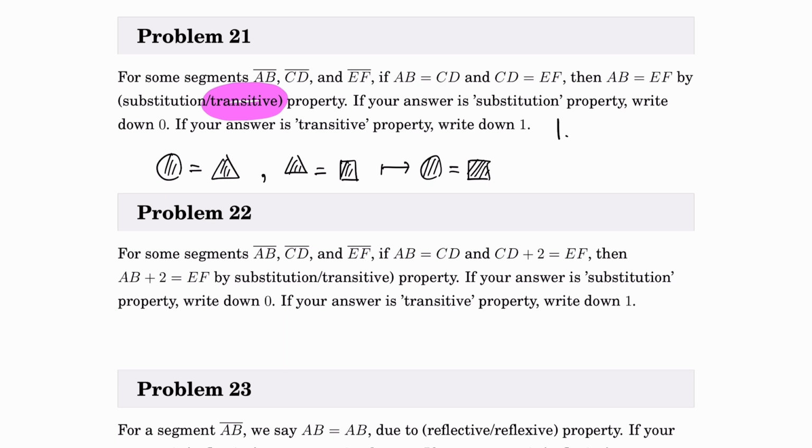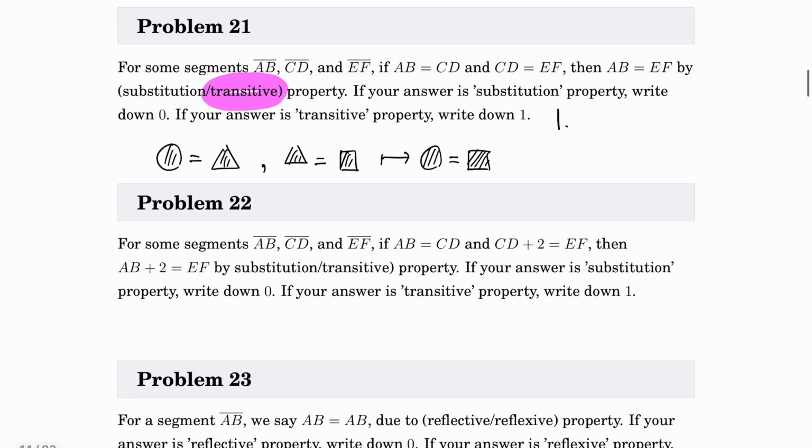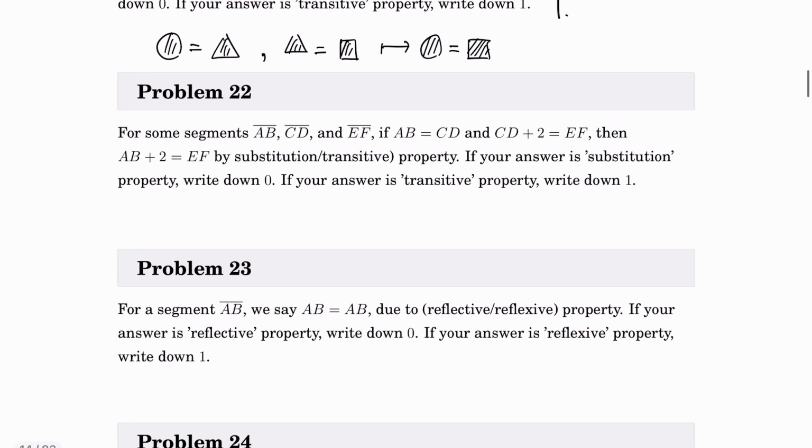Moving on to problem number 22. You can see the drastic difference between 21 and 22. For some segments AB, CD, and EF, if AB equals CD, check this out, but over here that becomes CD plus 2 equals something else. Now here's what I want you to see. One side has a triangular part, but the other side has triangle plus 2.